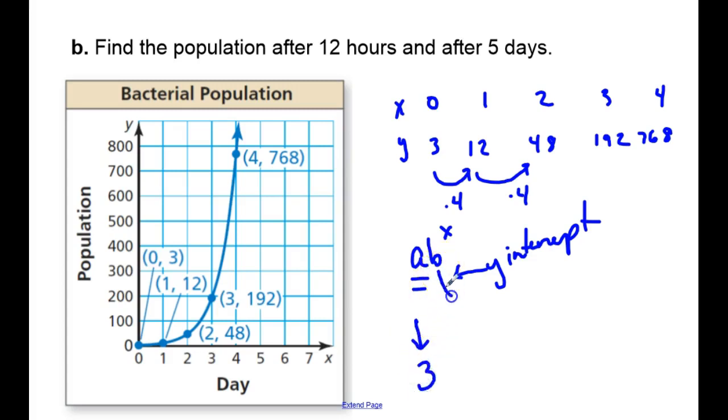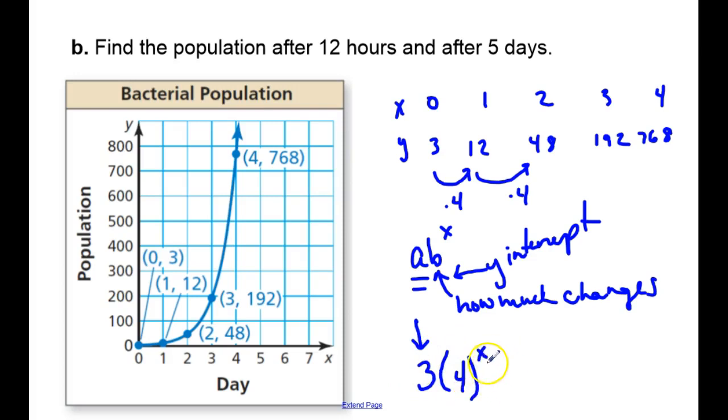This b value is how much it changes. So in this example, right, I found that I multiply by 4. So here is my equation and my exponent there. So where I start, how much I change, and then my exponent. So here's my population. Here's part A to this problem.